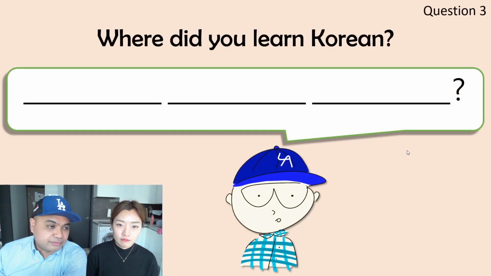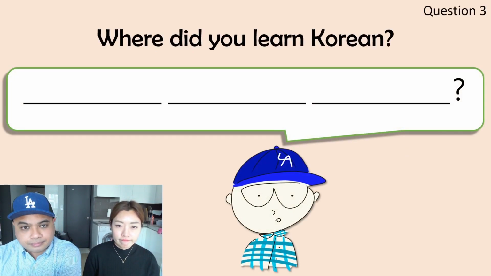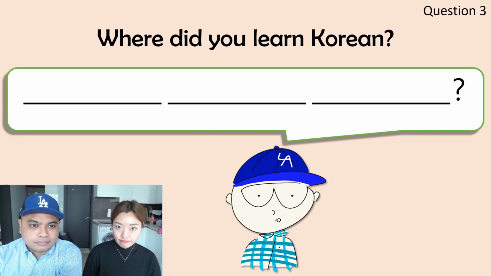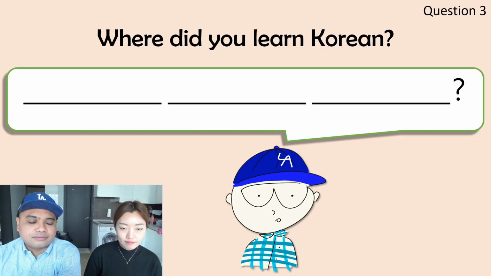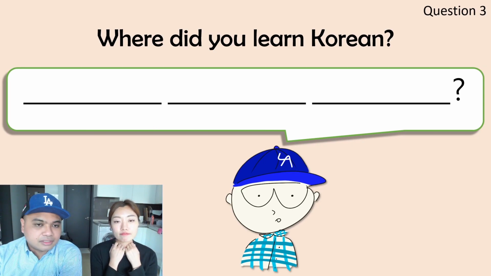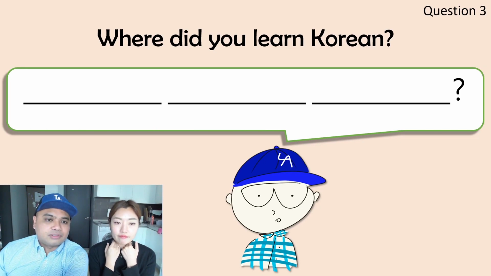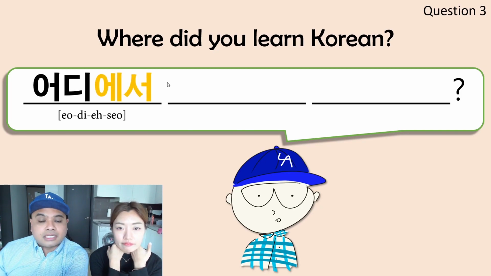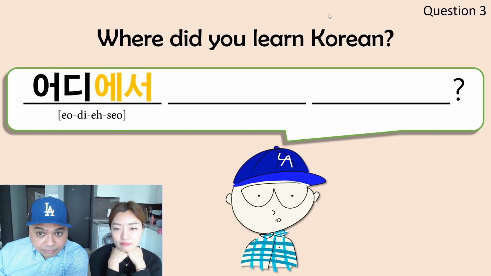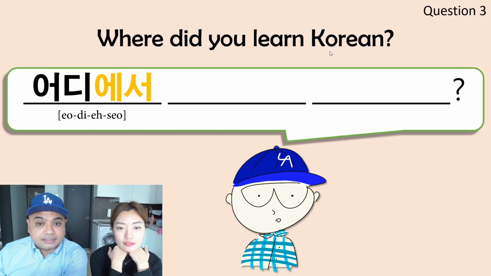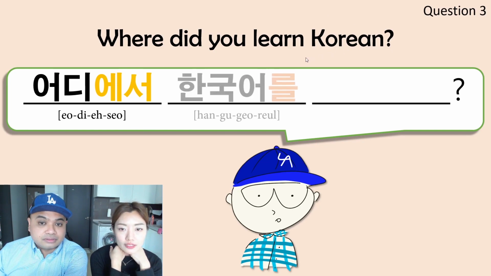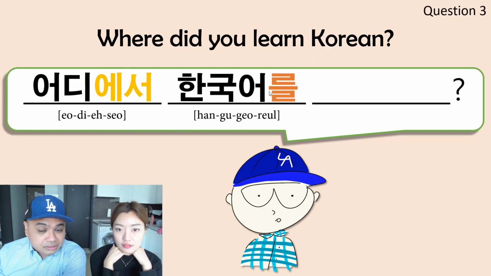Next. Where did you learn Korean? Okay, and then we need to start the question. Where at, right? So that's 어디에서. And then we need the object, which is Korean, 한국어를.